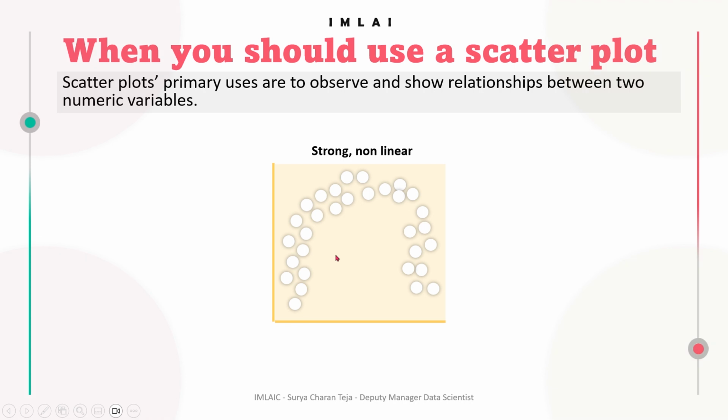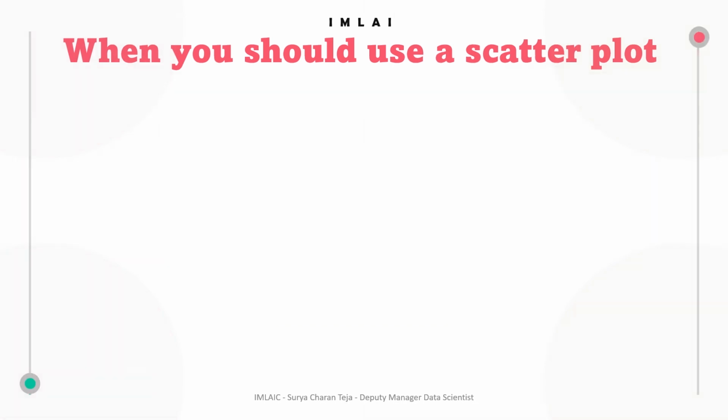If you see these overall data points, they resemble a non-linear equation and they are all tightly packed. Hence we call this relation a strong non-linear correlation.